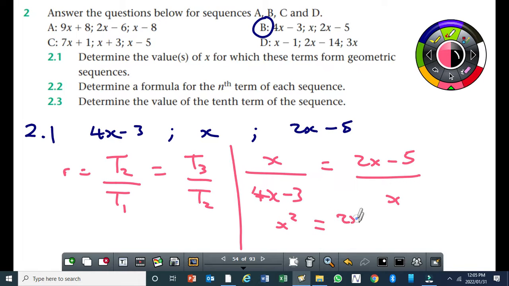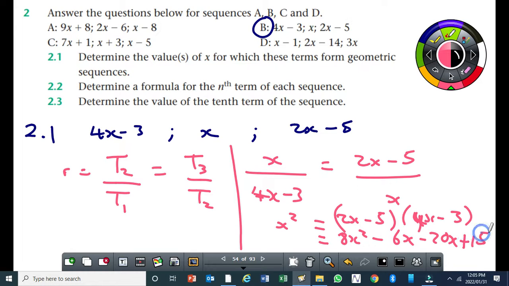You get 2x minus 5 times 4x minus 3. Then obviously, use FOIL, that's grade 10. It's a shame even to talk about it. That's 8x squared minus 6x, minus 20x plus 15.